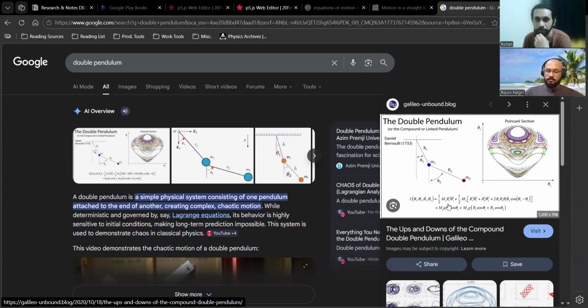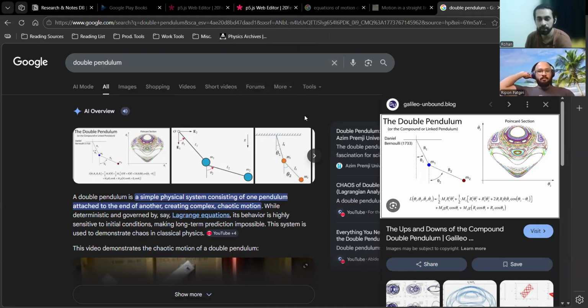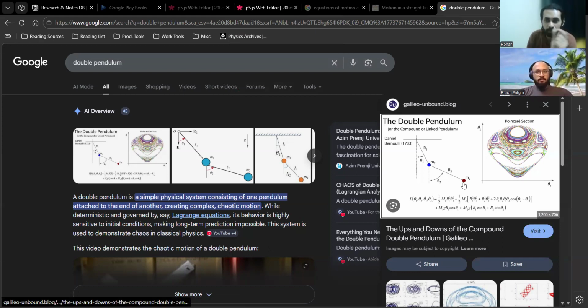But anyways, the point here is that suppose I want to know, after 3 hours of continuously running this simulation, where exactly will be the position of M2, mass 2.